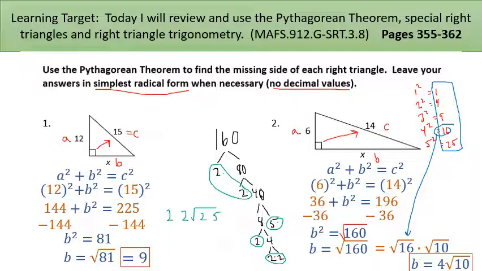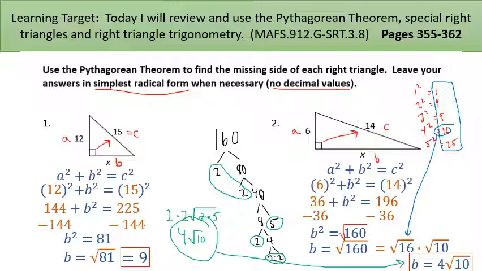Whenever you have more than one number left over, either on the outside or on the inside, we simply multiply those things together. So we'll multiply this, and we end up with 2 times 2 is 4, 2 times 5 is 10, and guess what? That's the exact same number that we got over here.